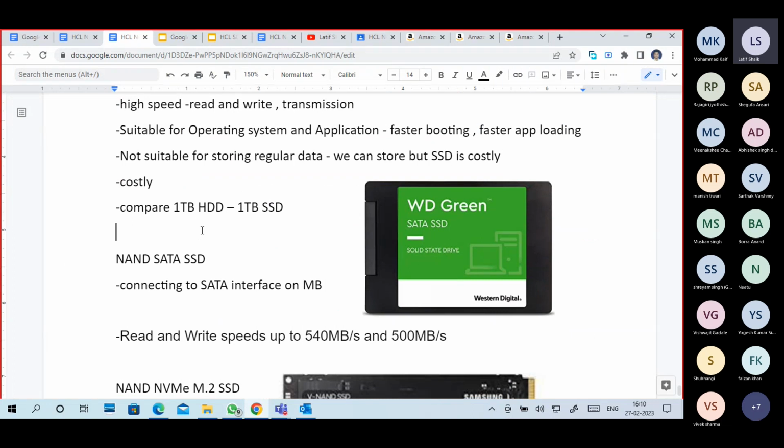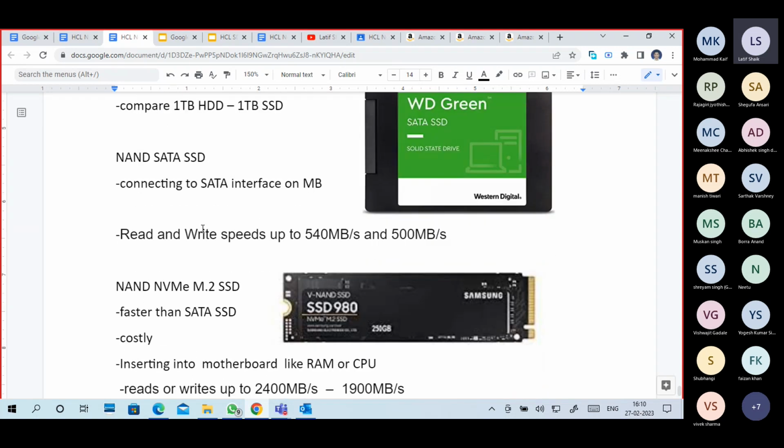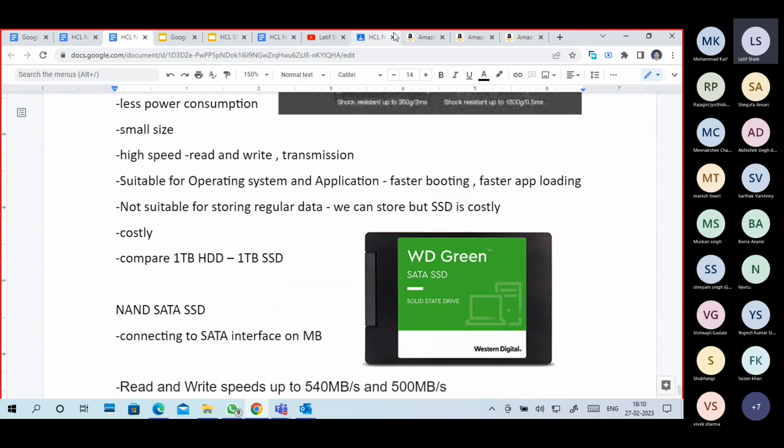But for the operating system and applications, in desktops, laptops, and even servers, SSDs are better. For storing regular data, it is better to store in a hard disk because it is cheaper. In SSDs also there are two types of interfaces. One is the SATA interface SSD, which looks like this one.